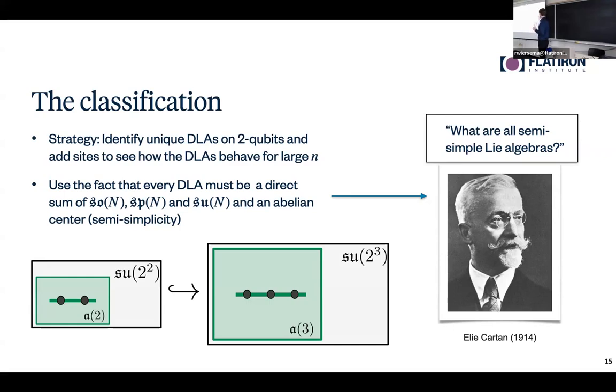Here we can rely on the very nice result of Cartan, which basically says that any of these dynamical Lie algebras will be some combination of SO(N), Sp(N), or SU(N) with some trivial center, which is the semi-simple condition, basically.